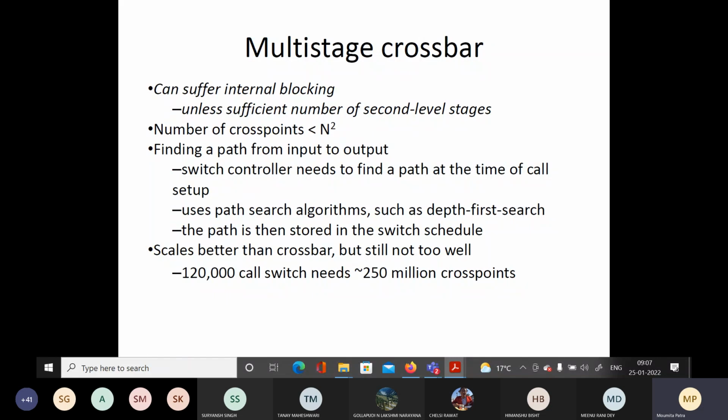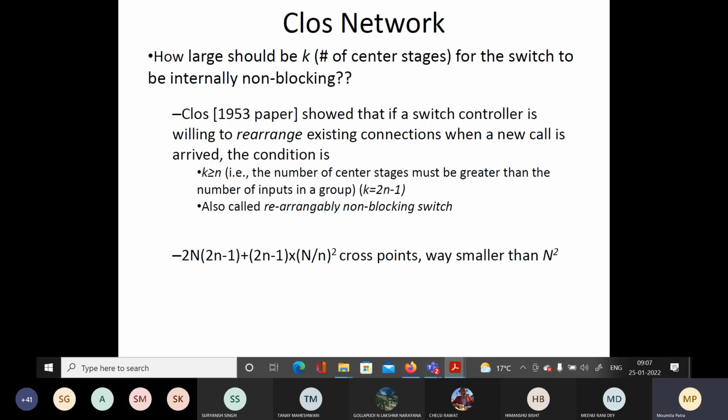And even though it has fewer cross points than a crossbar, the number of cross points is still too large. So that is why Clos found a way in which a switch controller can behave in a much more efficient way than a multi-stage crossbar. The biggest challenge for a multi-stage crossbar is to find the value of k.